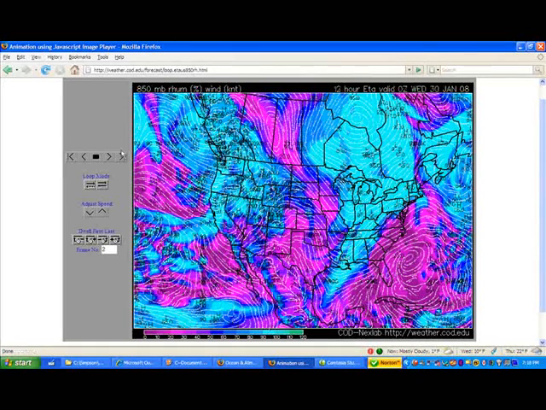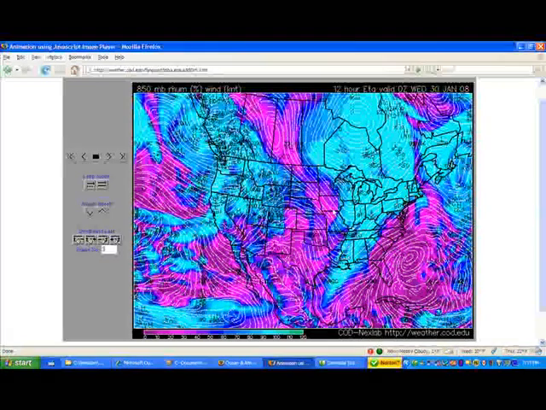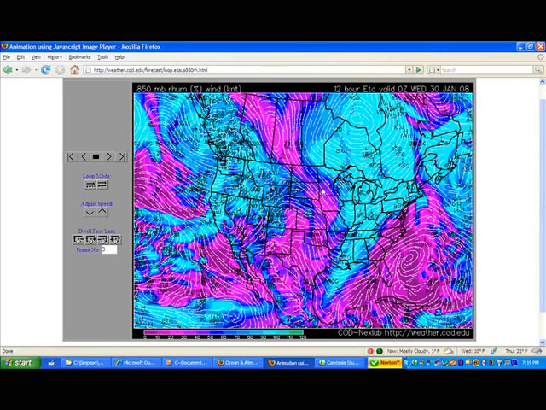Now if we go forward to 6 p.m. on Tuesday night, notice this is 0Z on Wednesday the 30th, which would be 6 p.m. on Tuesday. Notice now Iowa is projected to be down into the 30 to 40% humidity. So all of that humidity that was sitting up to the north, instead of moving in from north to south, this computer model is saying it's going to move eastward and let some drier air come in.